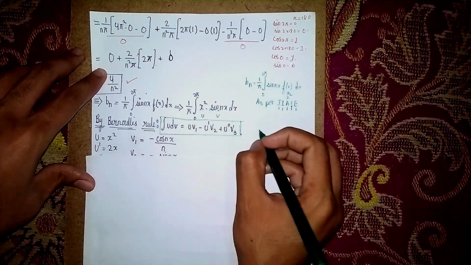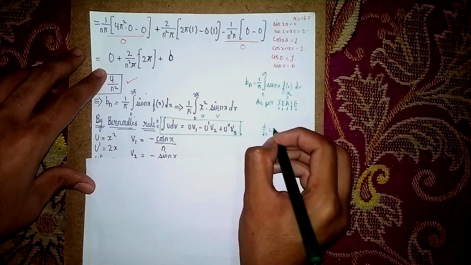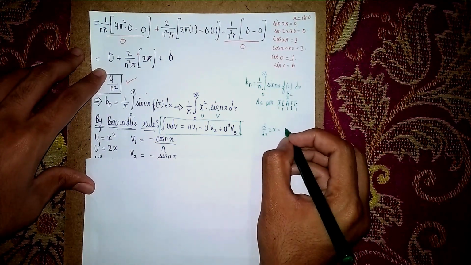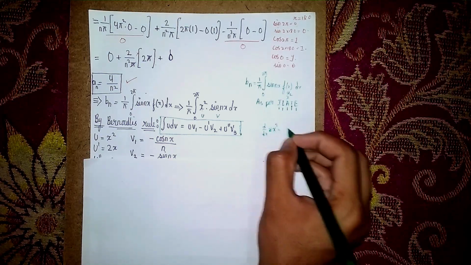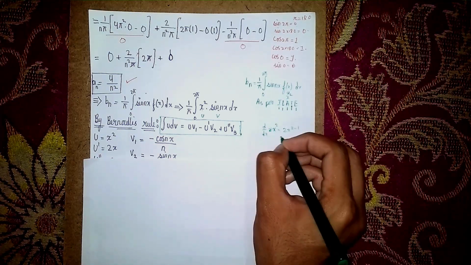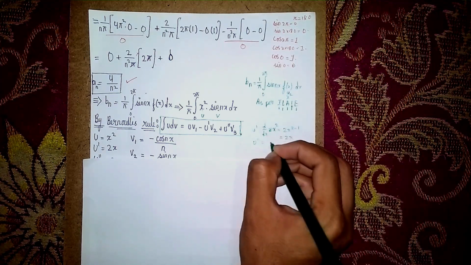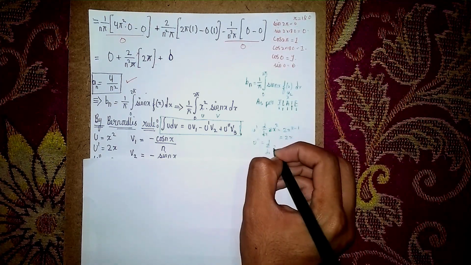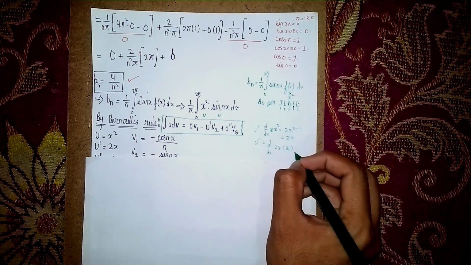Then u dash, d by dx of x square, is equal to 2x, 2 minus 1 becomes 2x. Now u double dash is equal to d by dx of 2x, so it becomes 2 into 1, so it becomes 2.